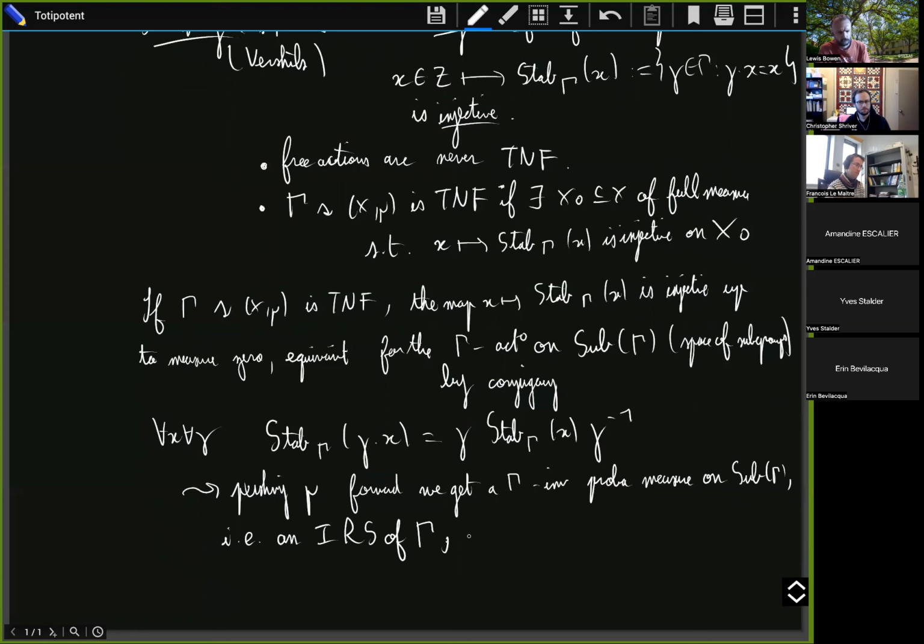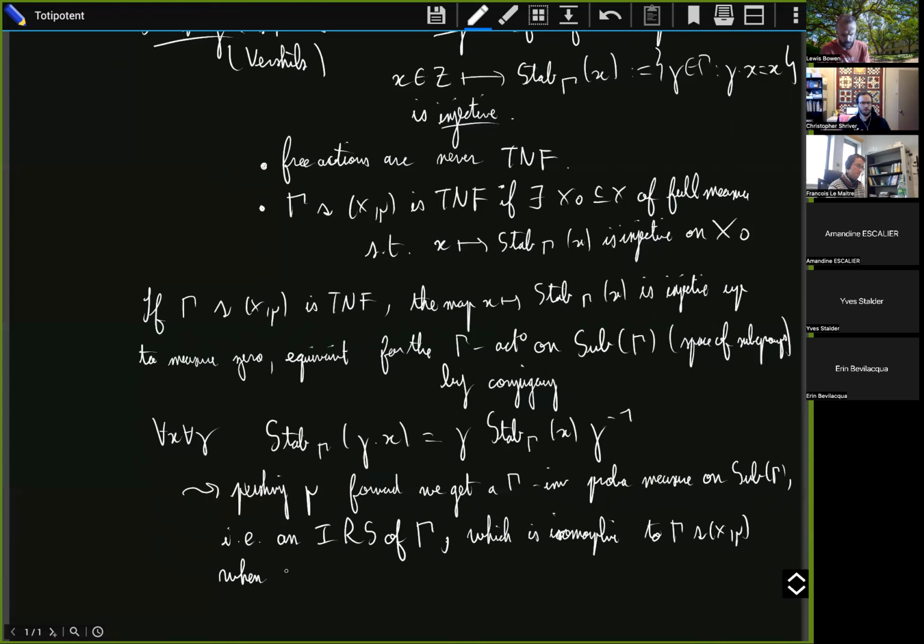So this IRS is isomorphic to gamma acting on x mu when gamma acting on x mu is totally non-free.